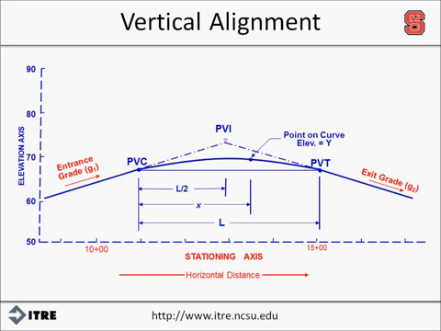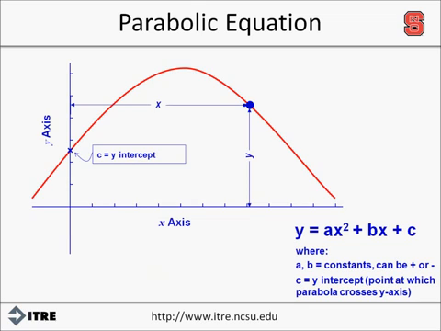An important note is that the grades G1 and G2 are measured in percent, and the distances x and L are measured in stations, where one station equals 100 feet. This terminology will become meaningful when we start the calculations. Mathematically, any point on a parabolic curve can be described using the equation y equals ax squared plus bx plus c.